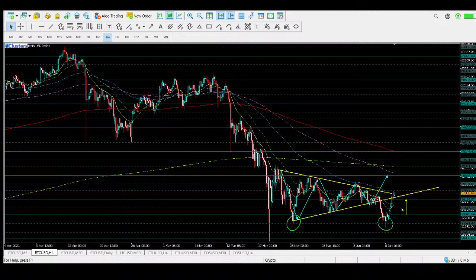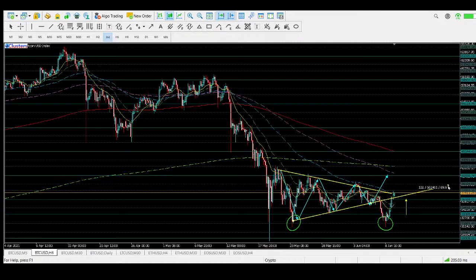Am I looking at an inverse head and shoulders here on the 4-hour chart? Don't know, but I can see something here. A left shoulder. But yes, the trend line that we have here is probably another important thing to keep an eye on.